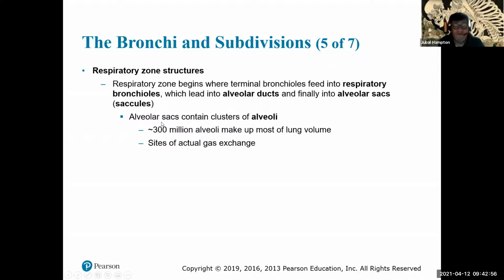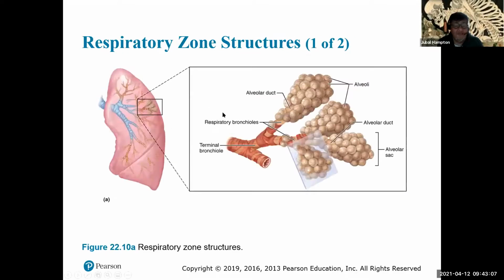Alveolar sacs are made of simple squamous epithelium, single cells of simple squamous epithelium. And so here we have our respiratory bronchioles, our alveolar ducts, and here are the alveoli where the gas exchange occurs.